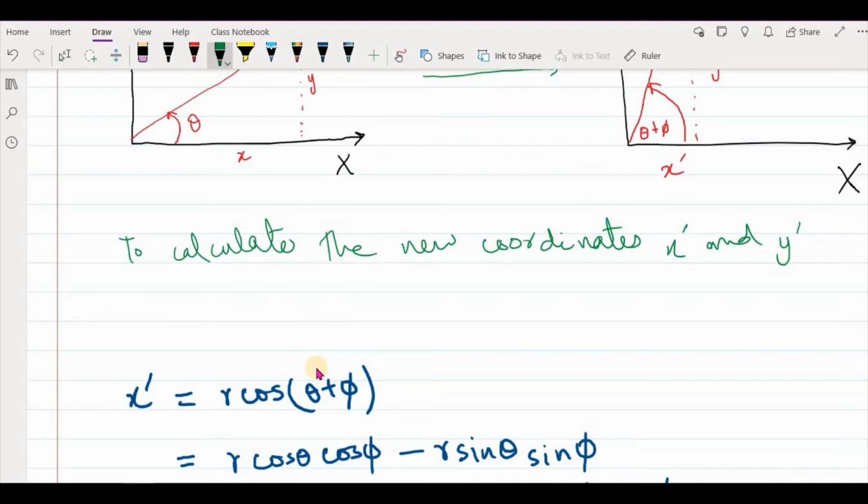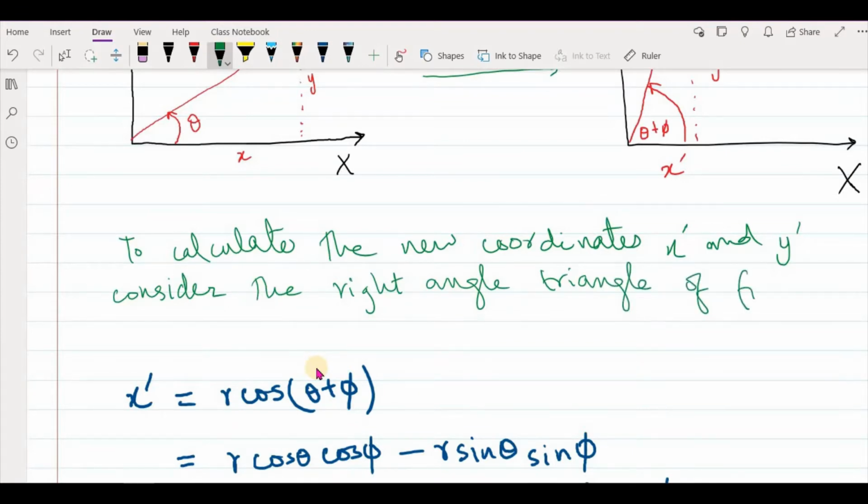And here we can write that to calculate the new coordinates x dash and y dash, consider the right angle triangle of figure 2.